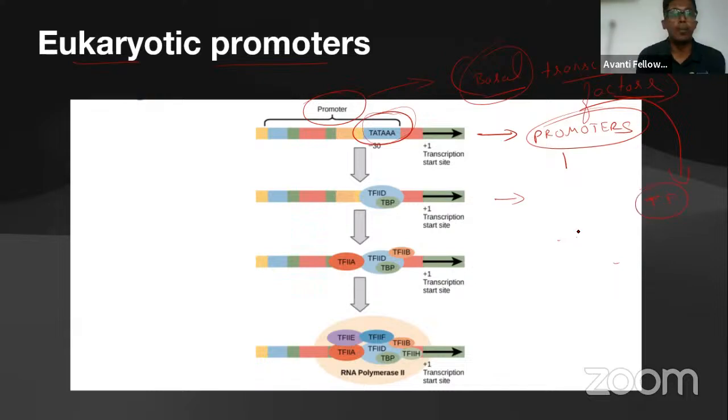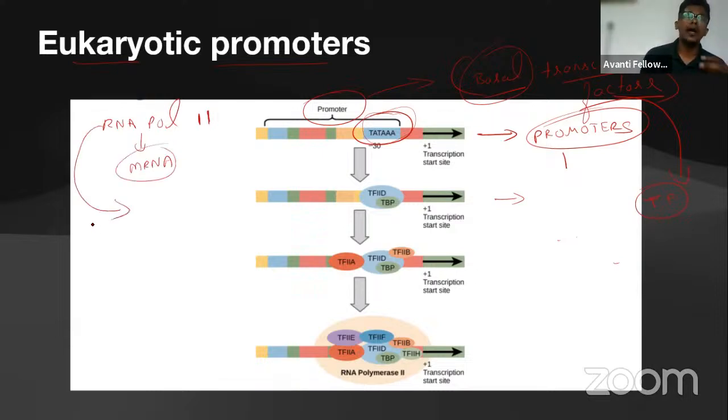Imagine we are talking about RNA pol 3, RNA polymerase 2. Let's talk about 2 because it produces mRNA. Since we are talking about RNA polymerase 2, what kind of transcriptional factors will it have? I can denote them as TF2.